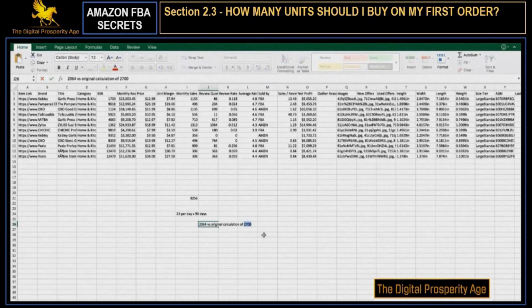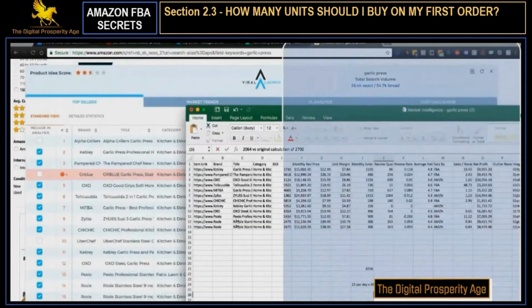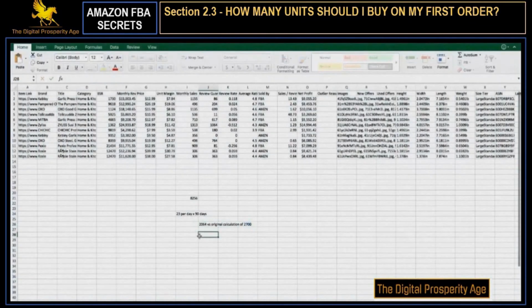If you have a giftable item, like I recommended that you should, with Mother's Day, Father's Day, Valentine's Day, and especially obviously Q4 from December 1st till December like 21st or 22nd, Amazon is just freaking insane. It's unbelievable how Amazon is. Your sales can 2x or they can 10x. And so this is generally how I like to do it, guys, when I'm doing my calculations on how many units to order.